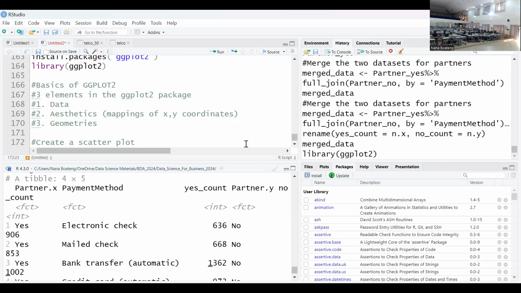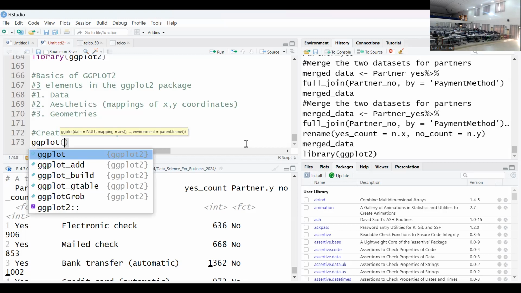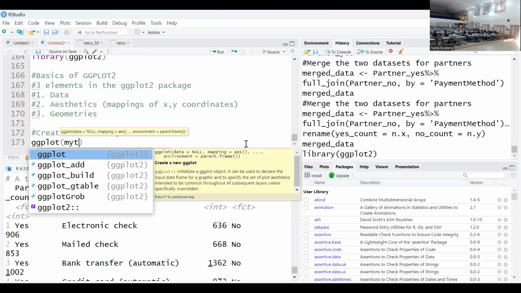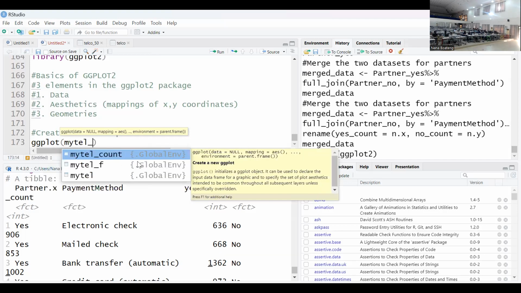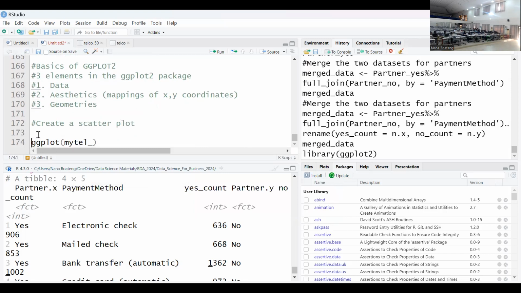When we want to plot, we use the ggplot function. The first argument is the data. Which data are we picking from? We are picking from the MyTel F. Should we make it simpler? Let's use TC for MyTel F.